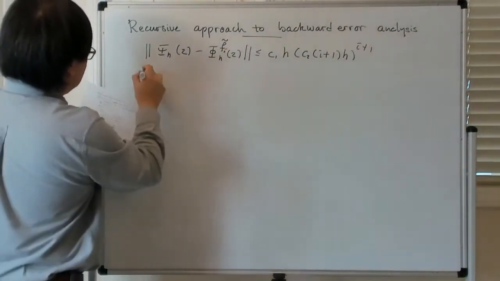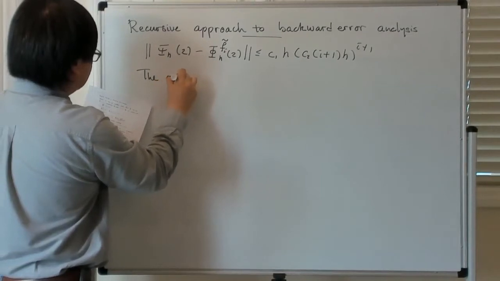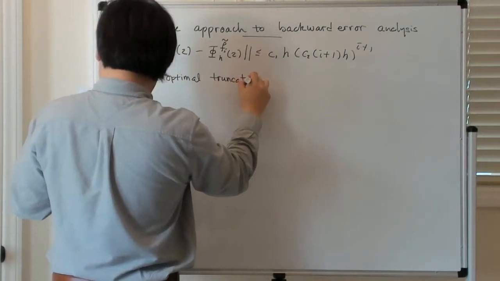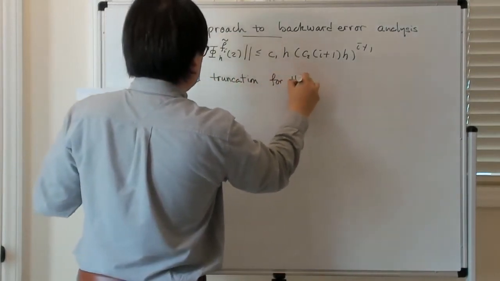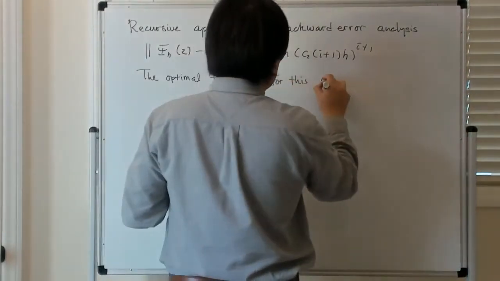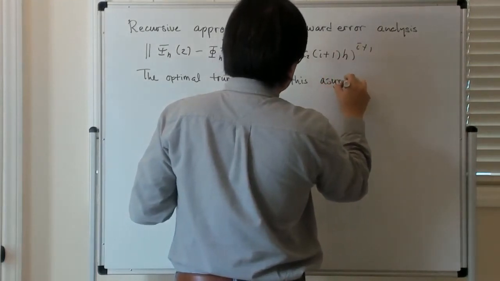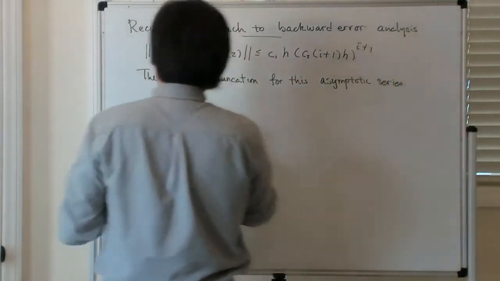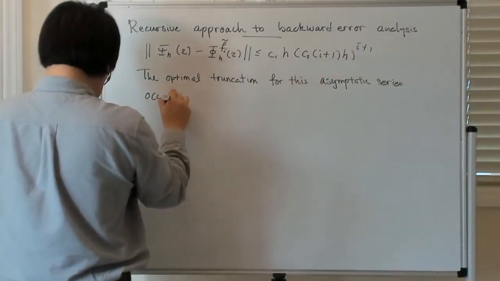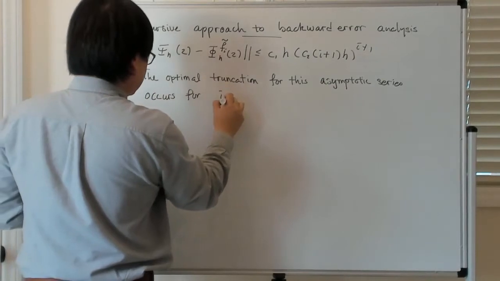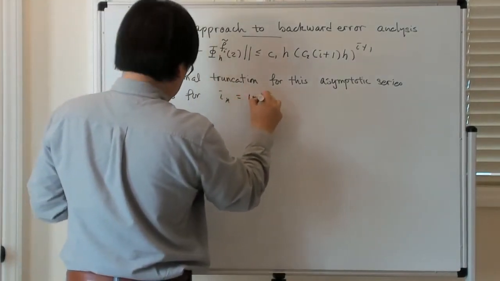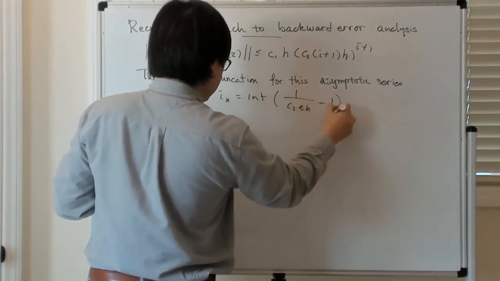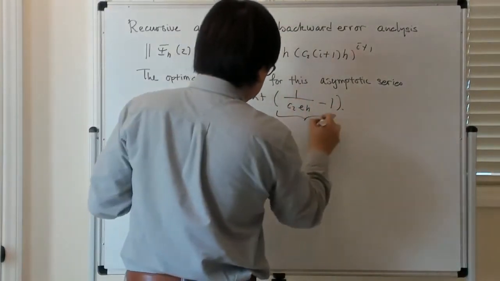Okay, so the optimal truncation for this asymptotic series occurs for I star equal to the integer part of 1 over (C2 e h) minus 1. Okay, so let's call that S.